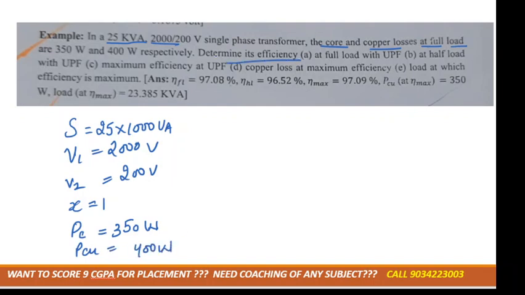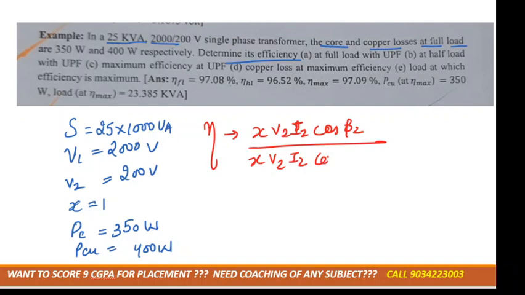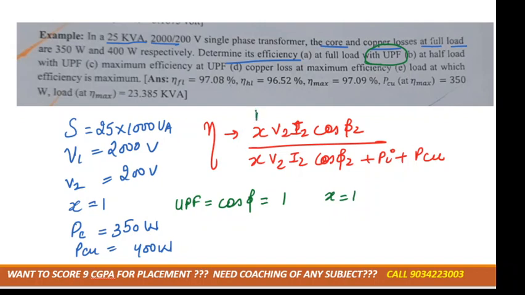Then they asked us to calculate the efficiency at full load. So the efficiency formula is x V2 I2 cos phi 2 divided by x V2 I2 cos phi 2 plus Pi plus x square PCU, right? In this case they said UPF, which stands for unity power factor. Unity power factor means cos phi value is equal to 1. And full load means x value is 1.